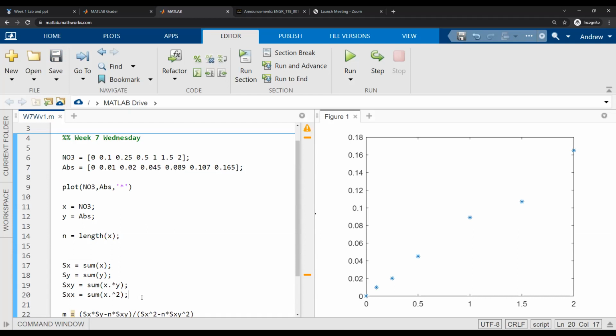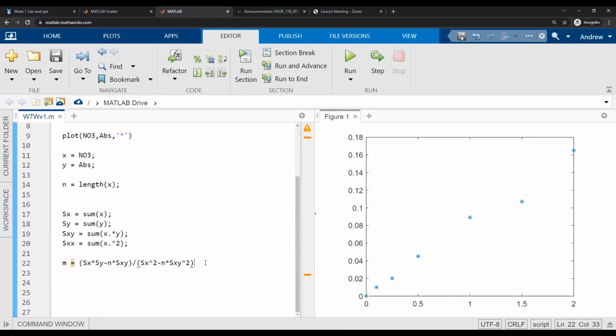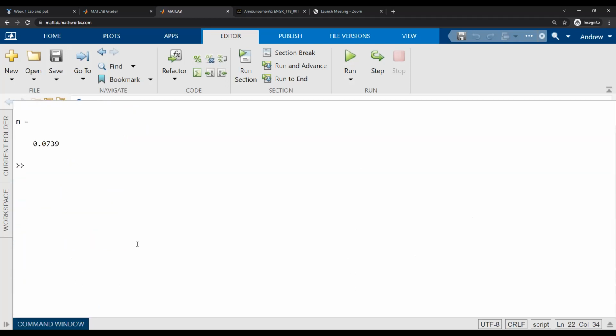Okay. Let's see, I think this would be negative. I forgot that one that Takumi told us about. That's the slope. Okay.